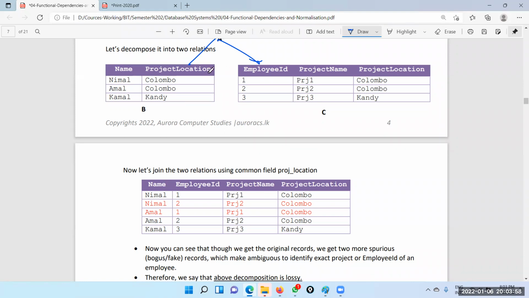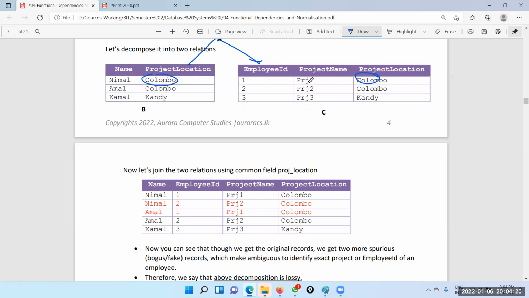Now how are you going to connect these two? Nimal Colombo. Okay, now here we have the employee ID 1, project 1, Colombo. Right, so what are the possibilities? You can connect like this, Nimal Colombo, because Colombo and Colombo is there.